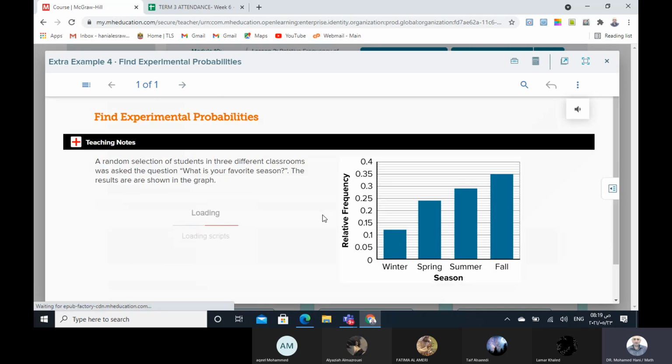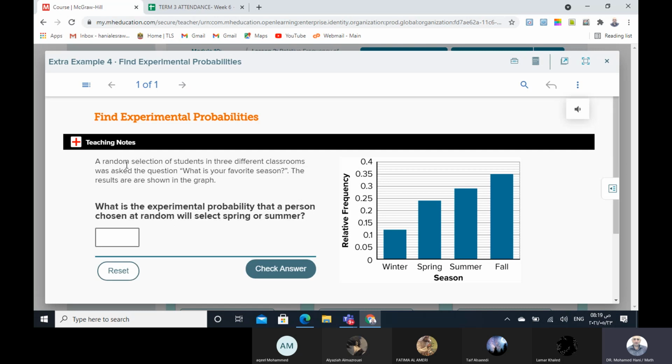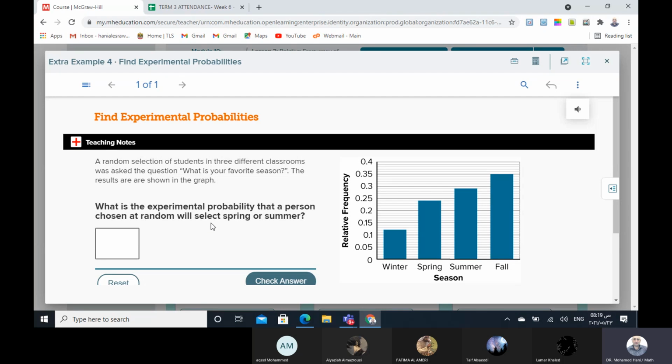Find experimental probabilities. A random selection of students in 3 different classrooms was asked the question, what is your favorite season? The results are shown in the graph. What is the approximate probability that a person chosen at random will select spring or summer?